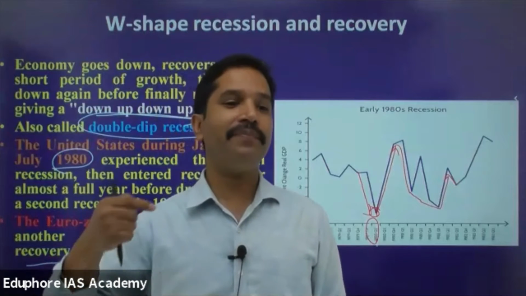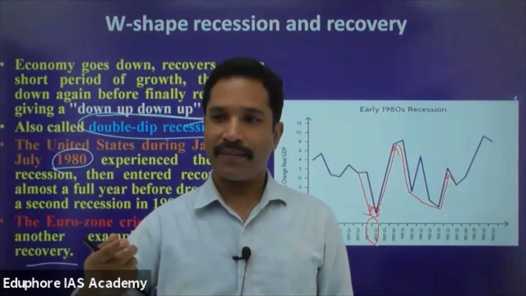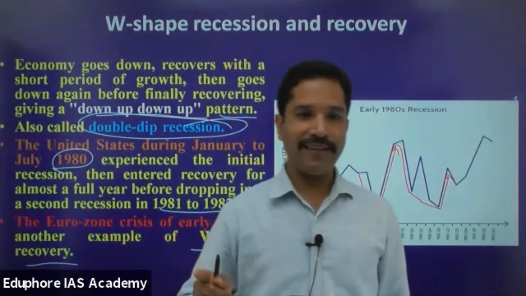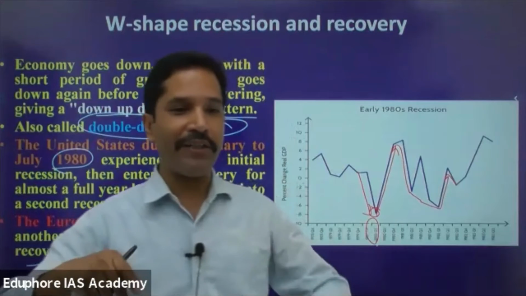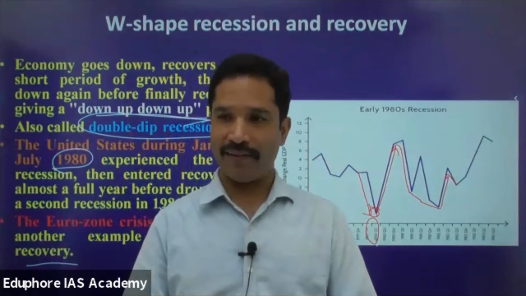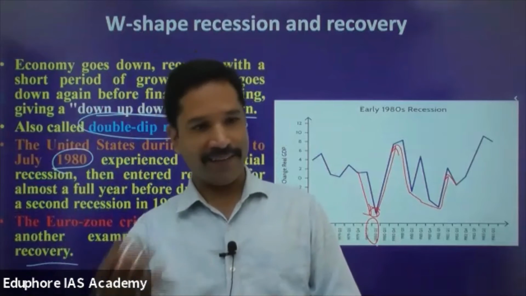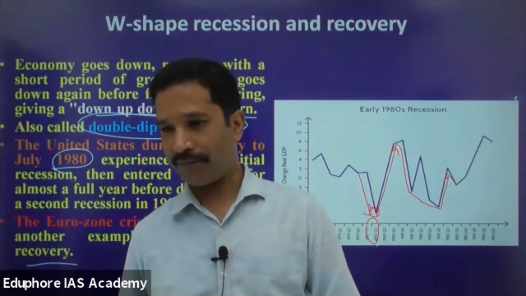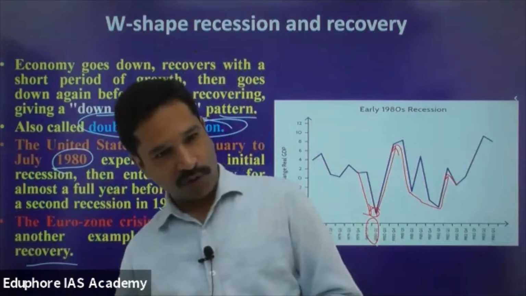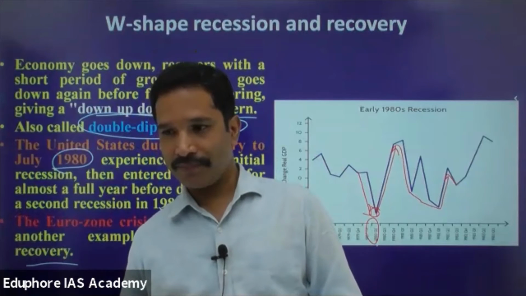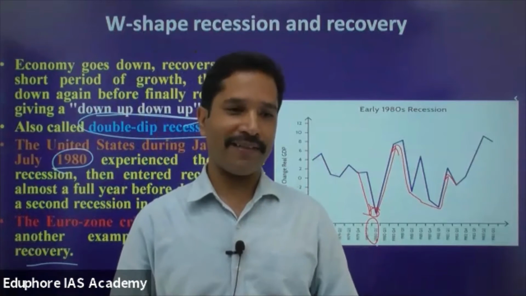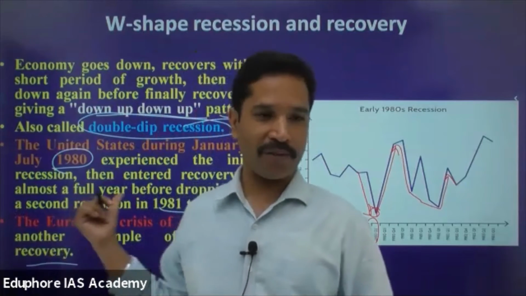And some economists cautioned that if there would be winter outbreak of COVID-19, then again we have to go for lockdown. And it happened. Again, lockdown was there. So some economists started saying that India might experience W-shaped recovery.